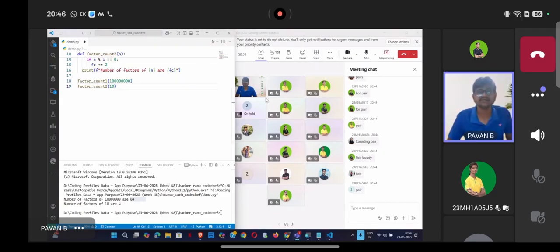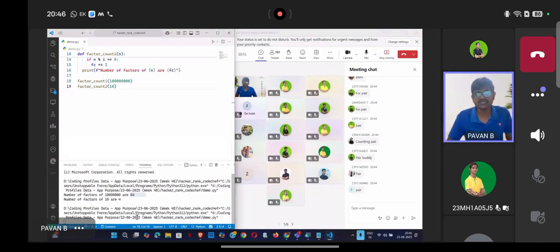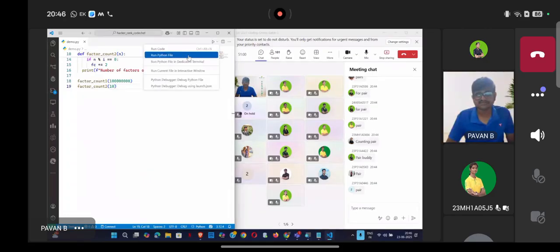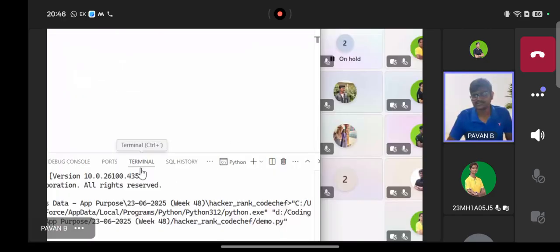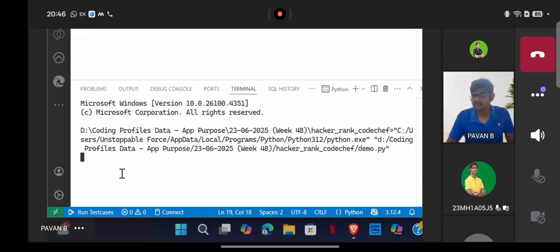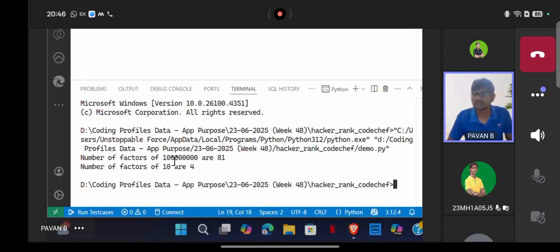Let me run this. So you can see here, guys, in the console, it's calculating. It's not giving the answer. Look here. It will give now. See, 81.